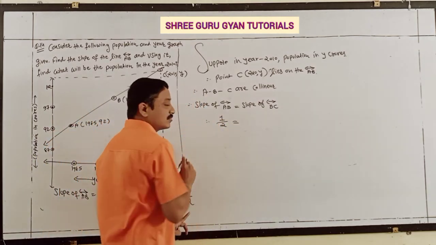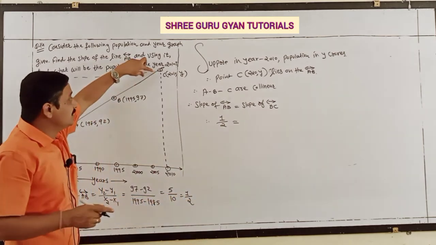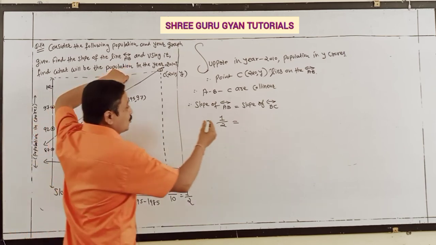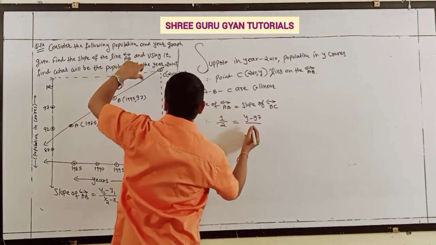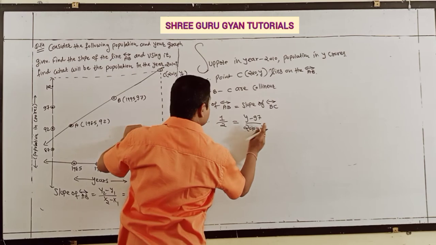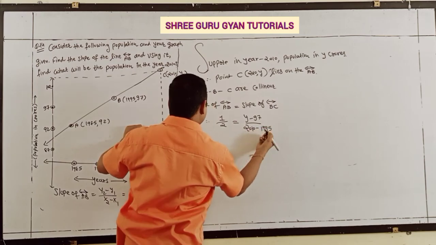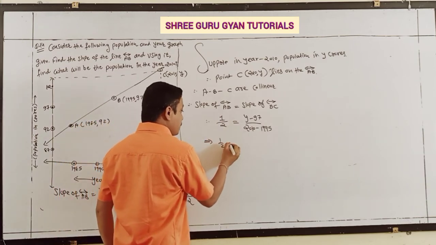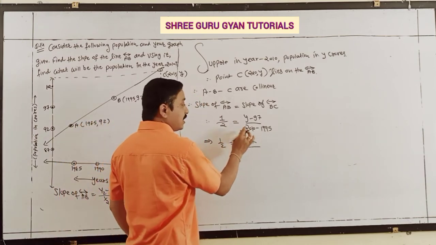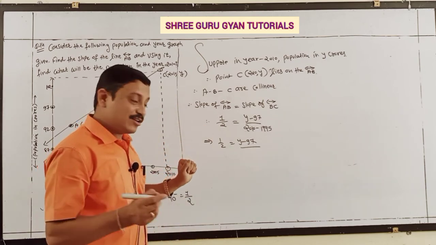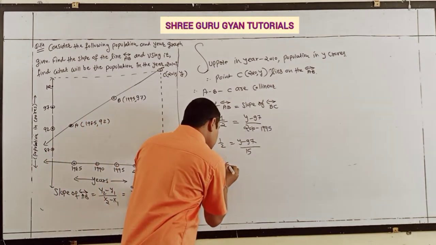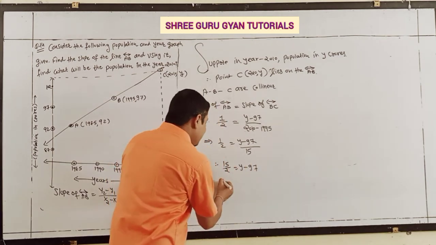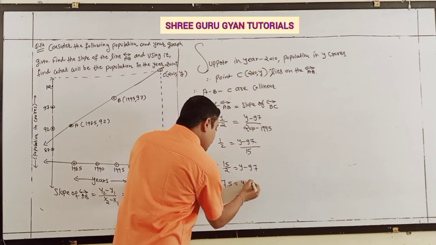On this side, the slope of BC, with the same formula y2 minus y1 by x2 minus x1, is y minus 97 by 2010 minus 1995. Simply calculating, it is half, same as before: y minus 97 over 15. So 15 by 2, that is 7.5, equals y minus 97.